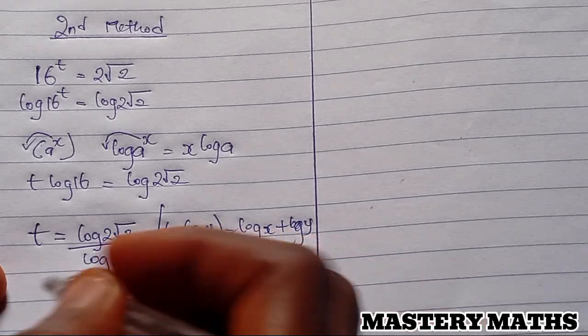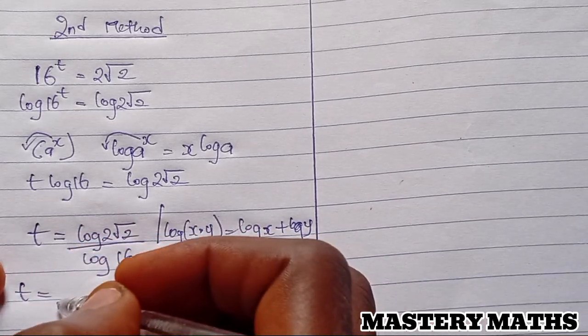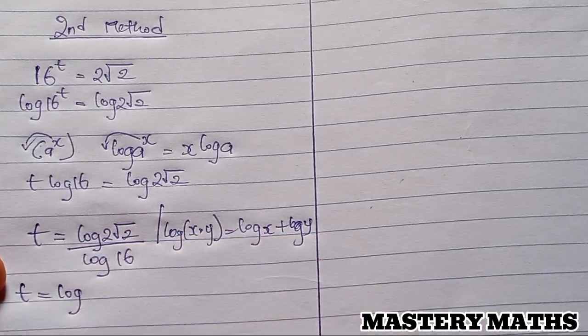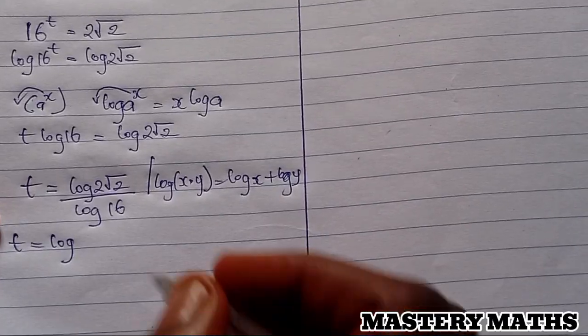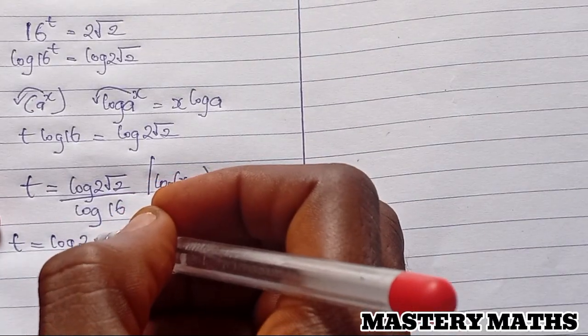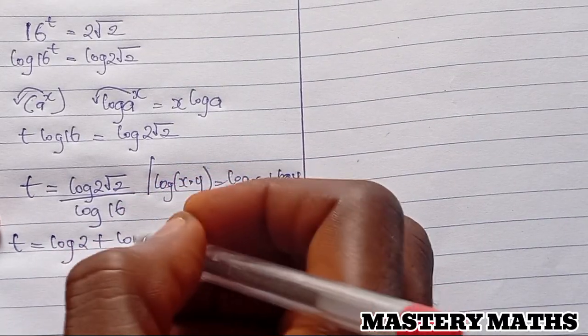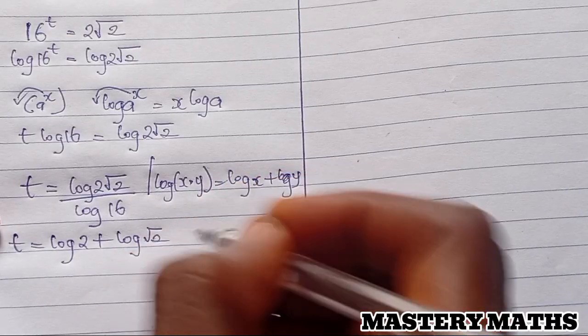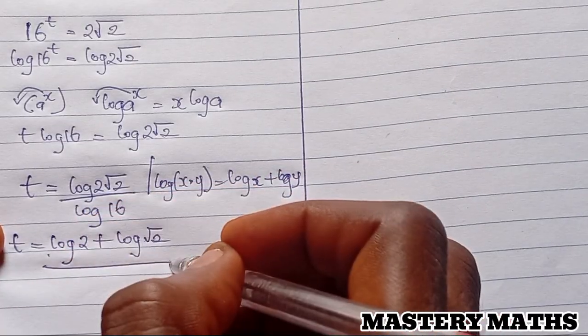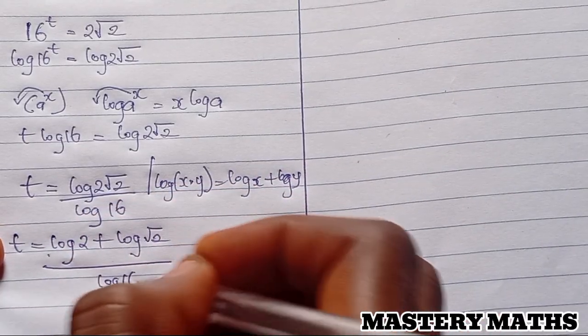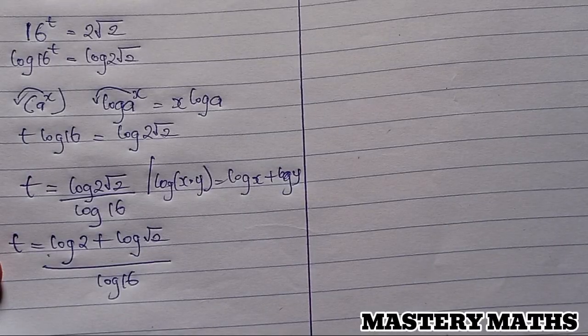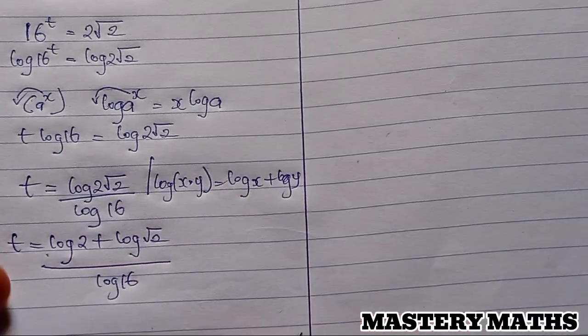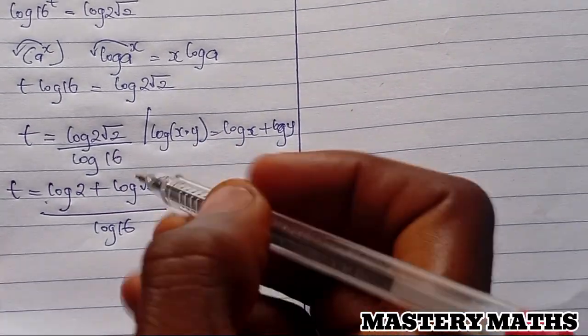So it will be log 2 plus log root 2, all over log 16. After we've done this, now I want us to remove this radical from here.